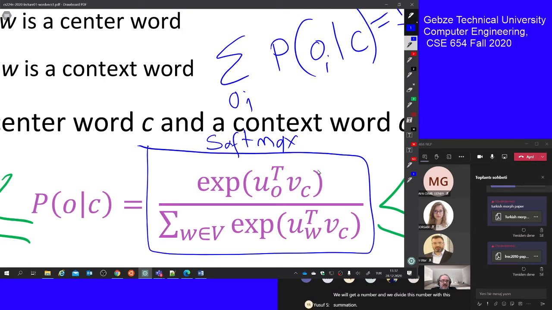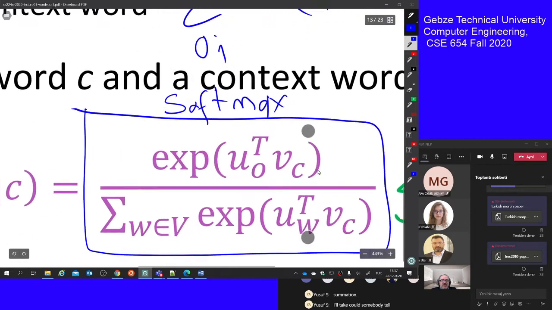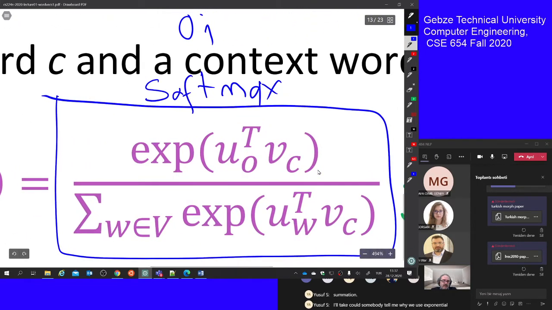Okay, could somebody tell me why we use exponential here? Could somebody tell me why we are using exponential in the upper part?